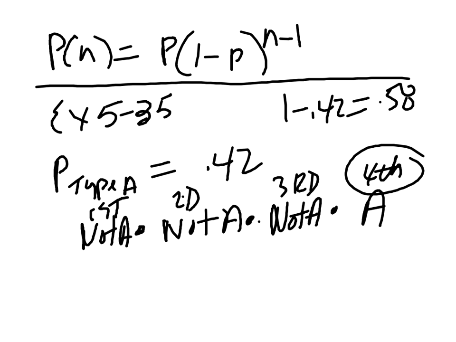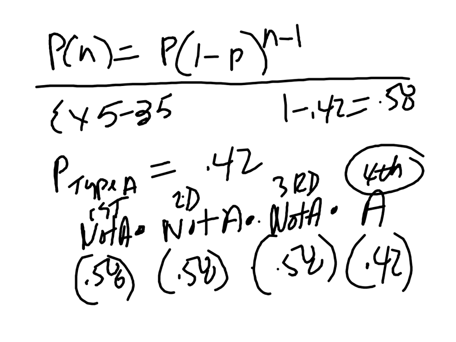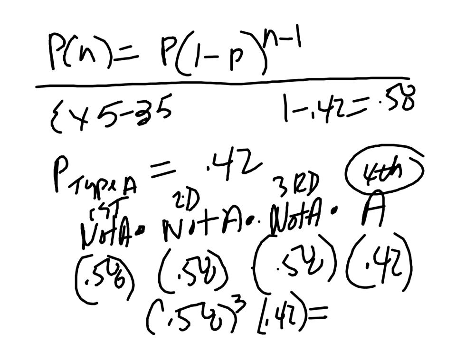Then we'll put the formula on it. So this would be 0.58, times 0.58, times 0.58, and then that last one would be 0.42. So another way of saying this would be 0.58 to the third power times 0.42, and that turns out to be 0.082.